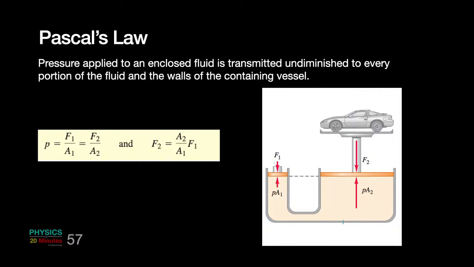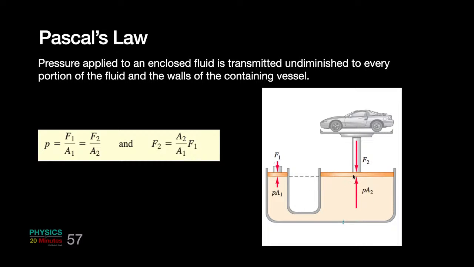This can be used in a lot of important ways. One of the ways it is used is to create hydraulic lifts. Many of you have done this as one of your projects. Here there are two arms of this hydraulic lift: the smaller, thinner arm, and a larger, wider arm.